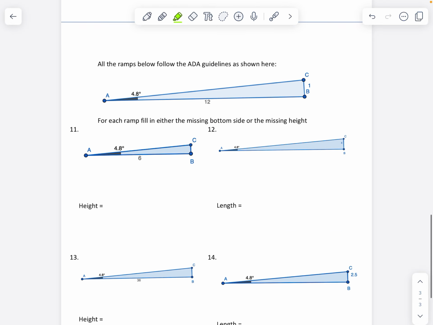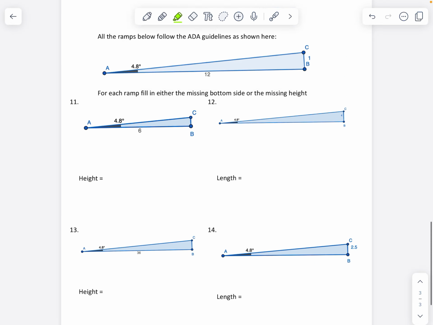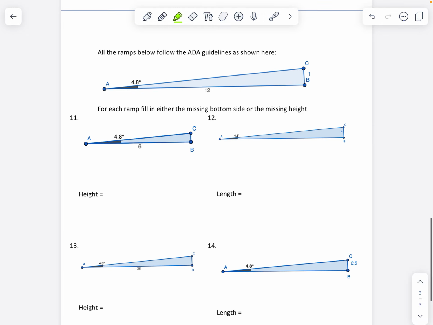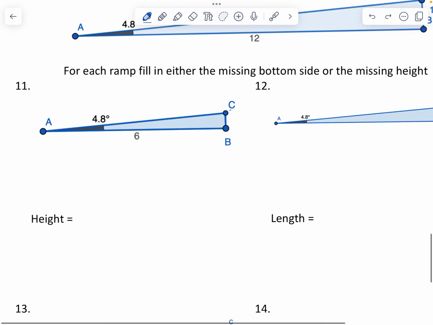And basically, they just want you to do that a couple more times, right? So you can see that here we have our guidelines up here of 1 to 12. We look over here, we see we have the 4.8 degrees all the time, and they want you to find the missing side. So here they want you to find, what will the height be if this is 6, right?